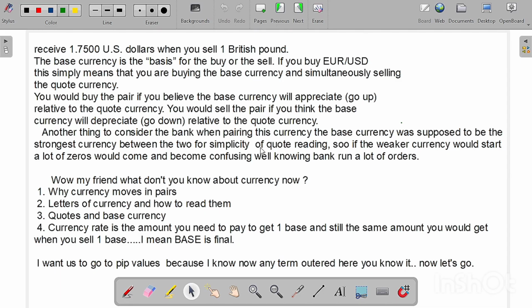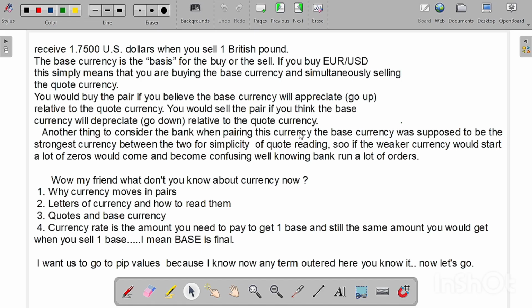This matters for quote reading. Let's take something like Euro, US dollar versus Kenya shillings. If Kenya shillings was the base currency, it would bring a lot of zeros. But when you put the dollar first, it brings something simple, like $1 would cost about 130 shillings, like today.